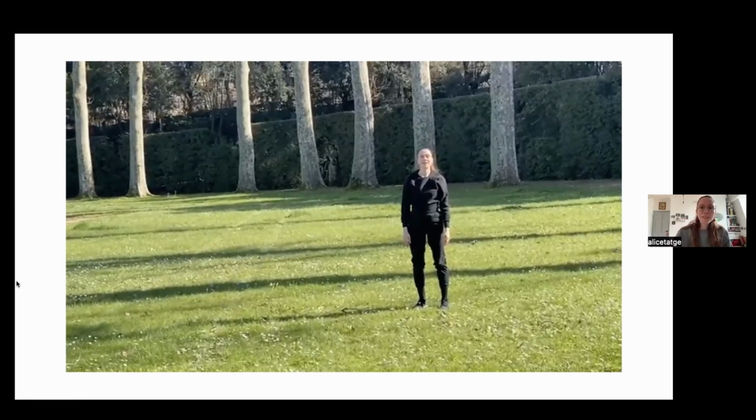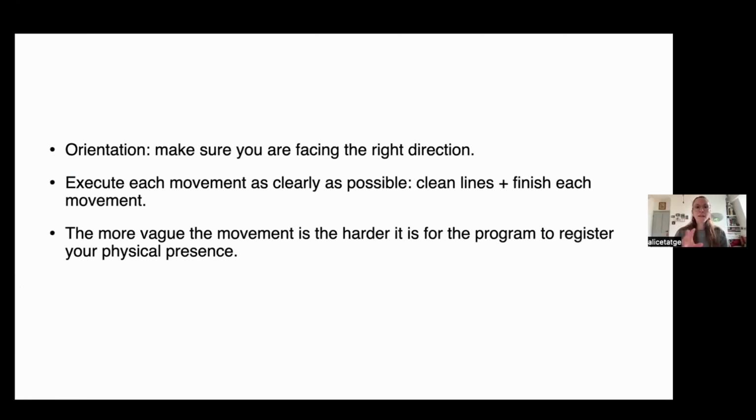So that was just a little extract in terms of clarity of lines and orientation, trying to face the right direction. So I'm being recorded, and even when I'm changing direction, making sure that I finish and execute each movement as clearly as possible.